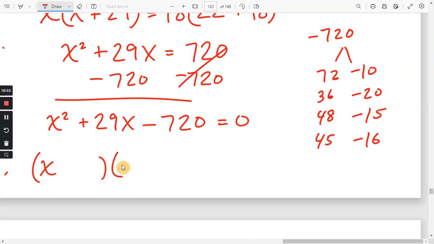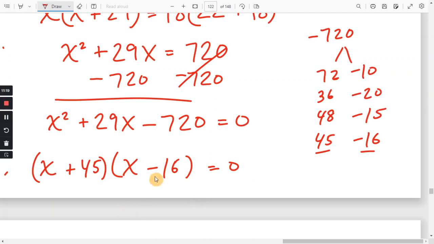All right. So we're going to have two binomials here. X times x is x squared. We're going to use positive 45 and negative 16. All right. So just to make sure, 45x minus 16x will give us 29x, so it works.